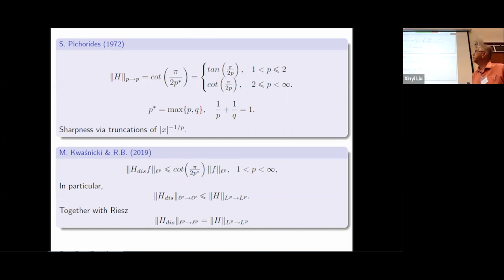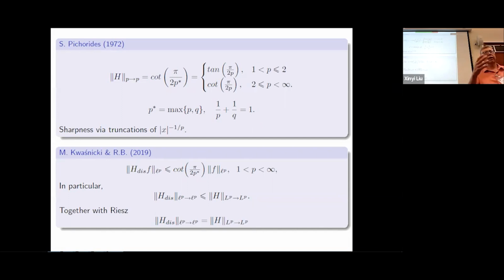In 1972, Pichorides proved that the Hilbert transform has this norm, which is the cotangent of pi over 2p star. Again, this p star is Burkholder's constant. And this constant is smaller than p star minus 1, which actually follows from the earlier observation, because in one dimension the Riesz transforms reduce to just the Hilbert transform.